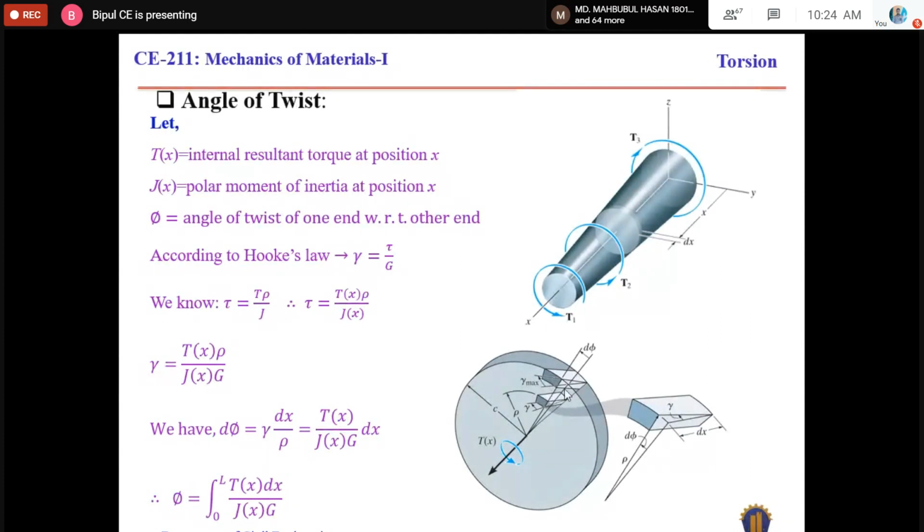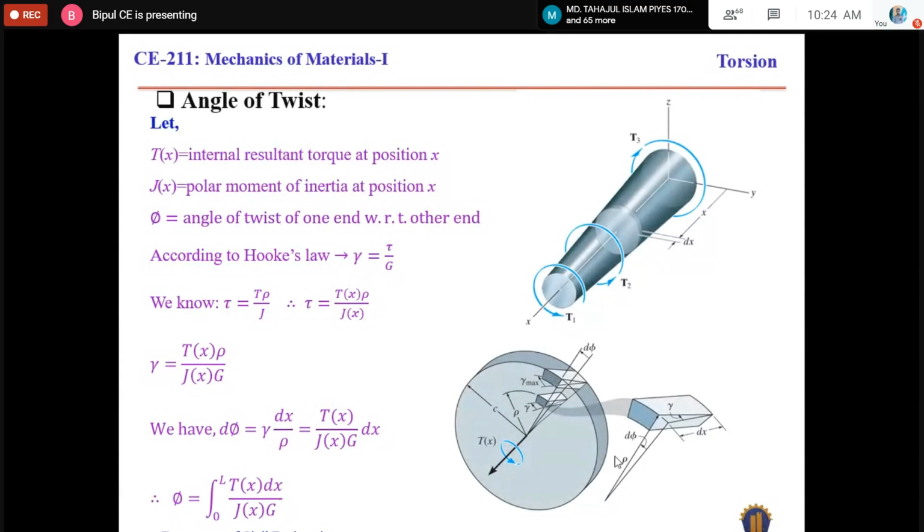Due to the torsional force, this section will be rotated, but the circle will remain a circle. The front surface will be rotated, and the back surface behind it will be rotated also.